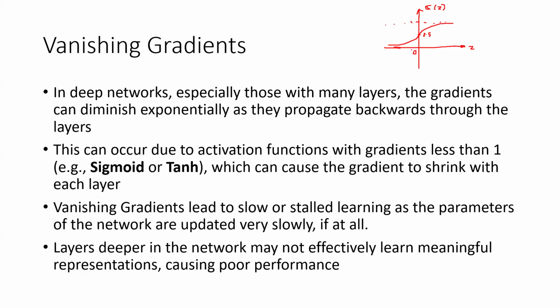In the region around 0, you will see there's a high gradient. But when we have very large positive values, you would have a very small gradient. And when we have very large negative numbers as well, you would see a very small gradient change in this region.